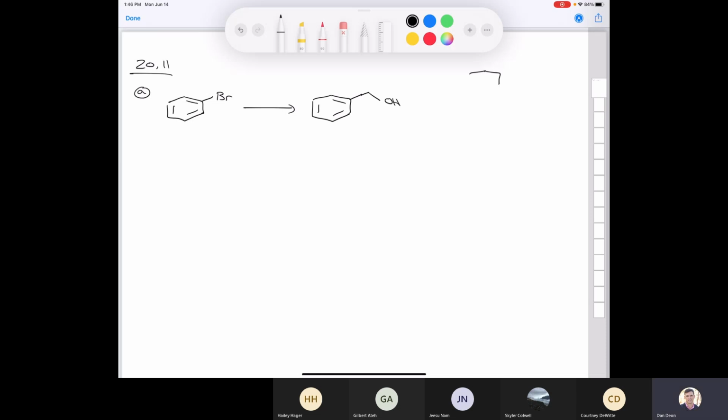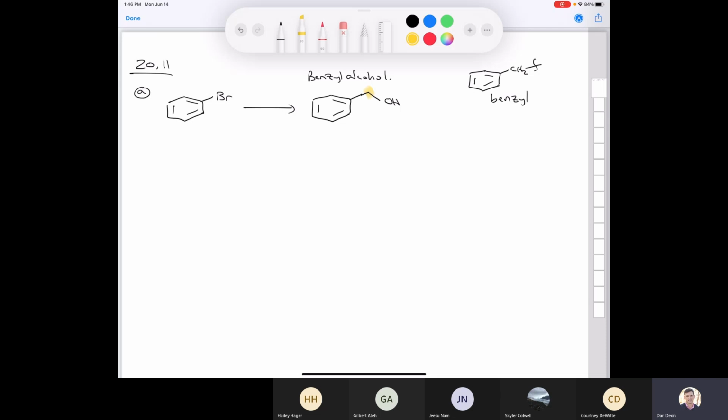Whenever you have a phenyl, so whenever you have an aromatic ring and you've got a CH2 attached directly to it, like that, we call that a benzyl, B-E-N-Z-Y-L, benzyl. So this is called benzyl alcohol. All right, how do we do that? Well, you see that we're incorporating a new carbon into the carbon skeleton.